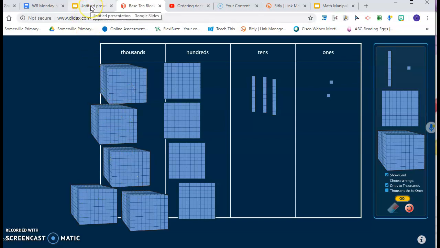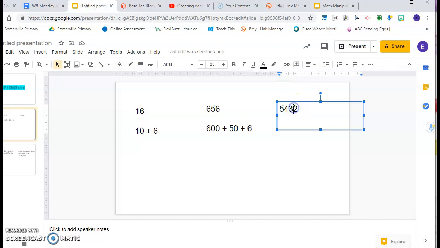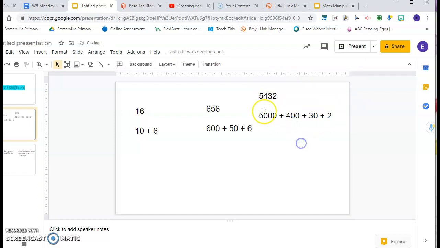So now we can write it in our expanded form. We've got 5,000 plus 400 plus 30 plus 2. So our expanded form for 5,432 is 5,000 plus 400 plus 30 plus 2.